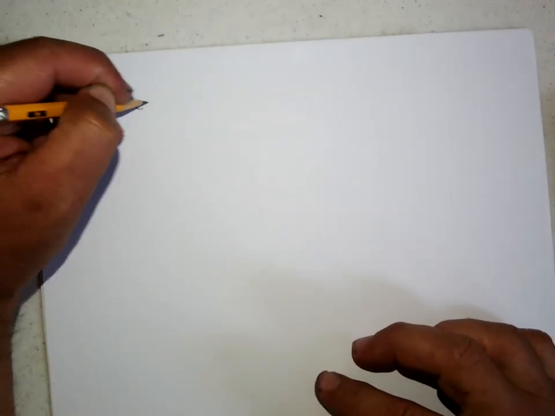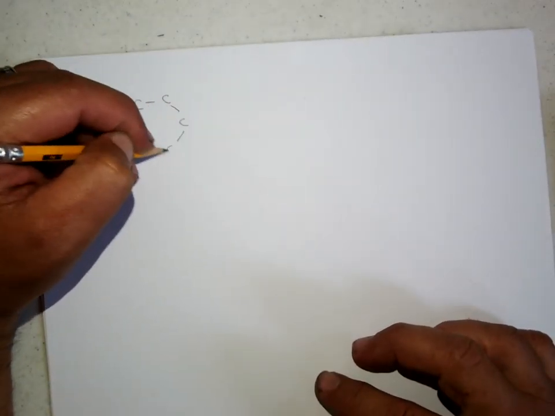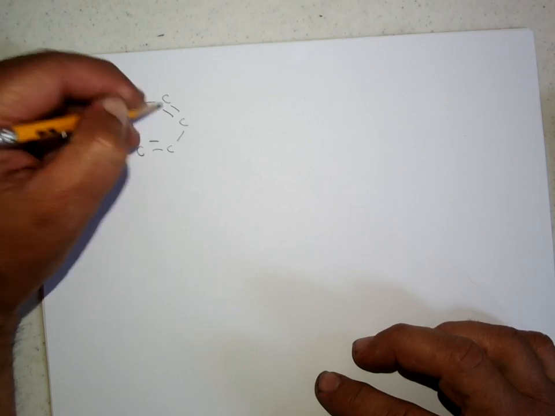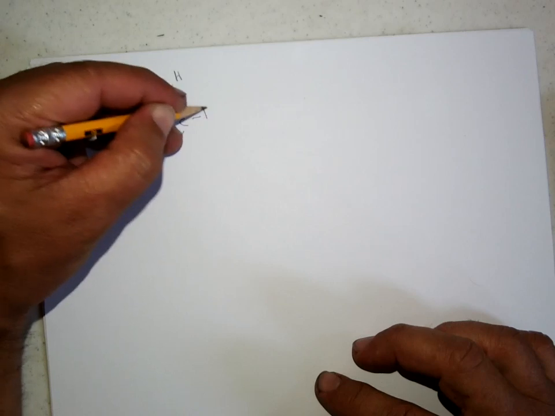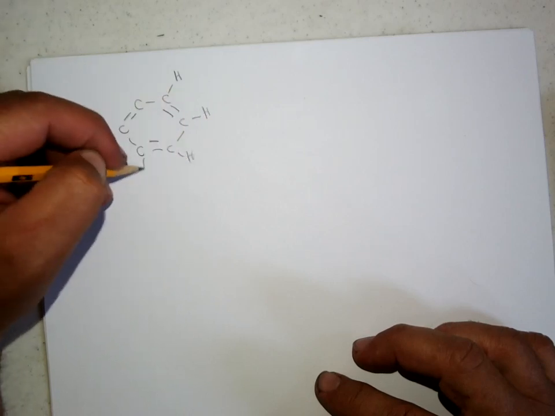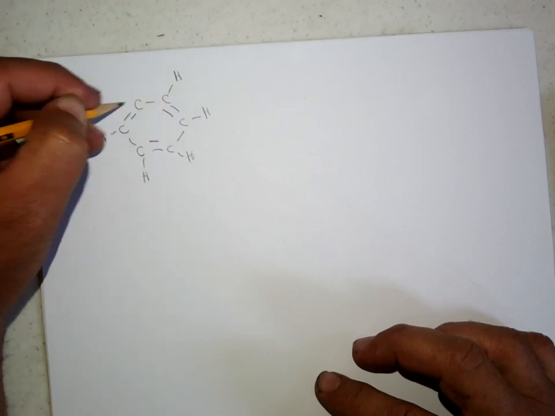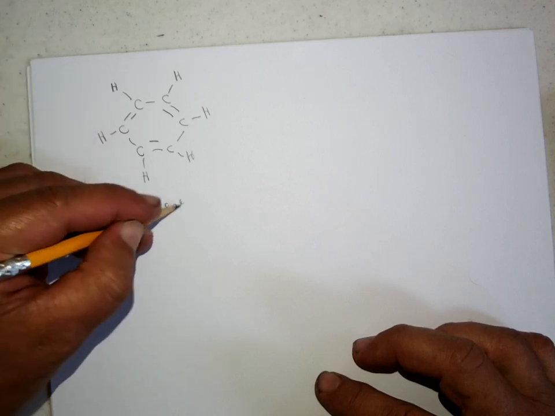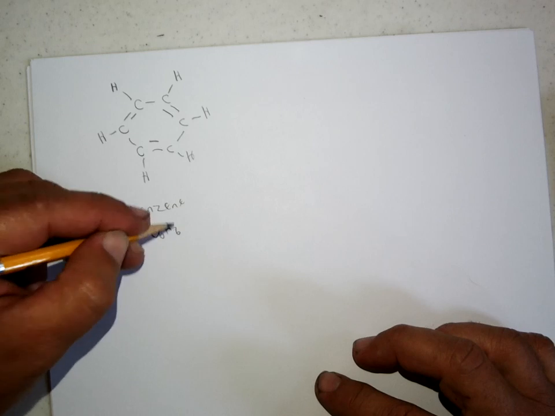If you have benzene, C6H6, I'm going to draw out all the atoms, even though the skeletal structure would make it a lot quicker and easier to do. Benzene, C6H6.